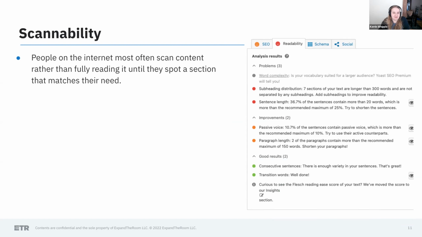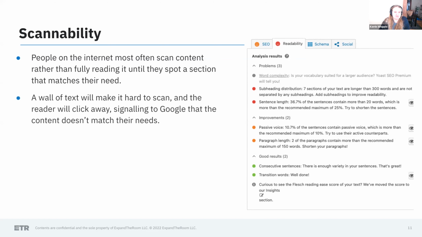Then if they find a section that's what they need, they might read it in more depth. So we want to be helpful in their scanning with headers and not having too many paragraphs between sections. Again, the readability analysis in Yoast gives you examples of how to do this properly.